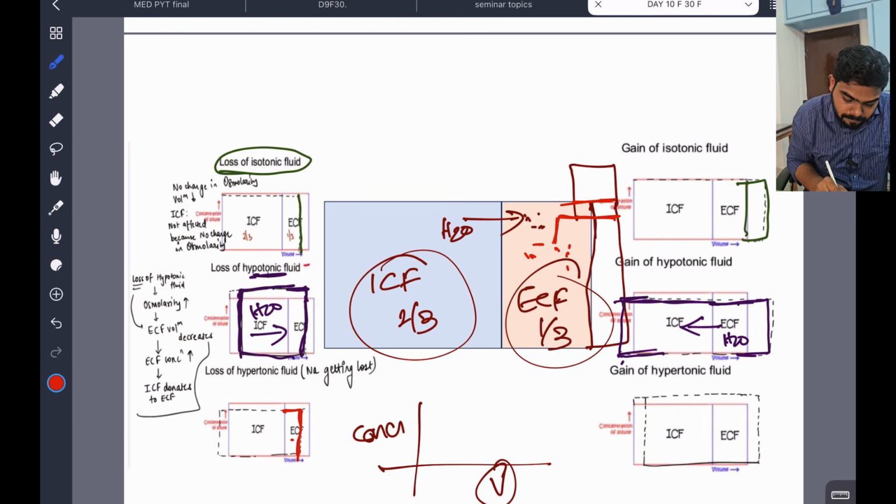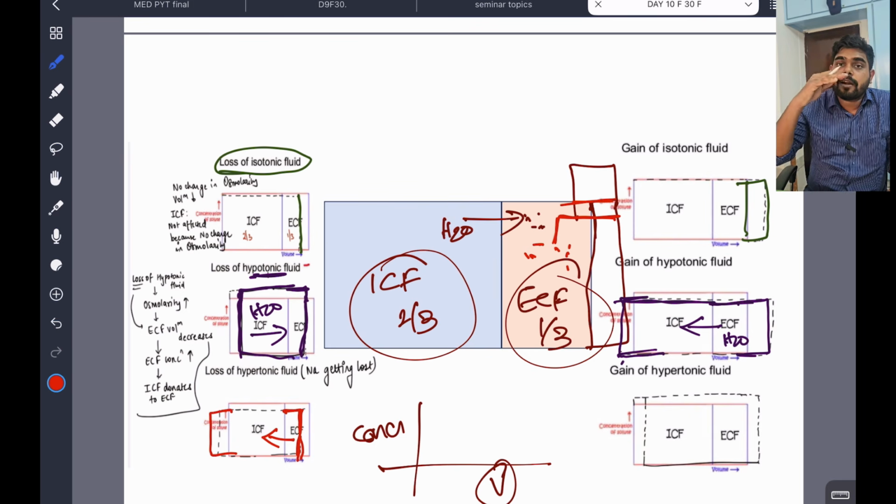So osmolarity decreases, volume decreases because of loss of hypertonic solute. So fluid shift will happen from here to there. That's why the volume increases in the ICF. So ICF water is more, solute becomes diluted, so it becomes less osmolar. The graph is like this. Clear.